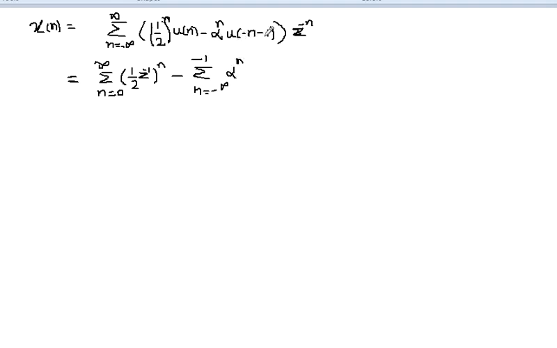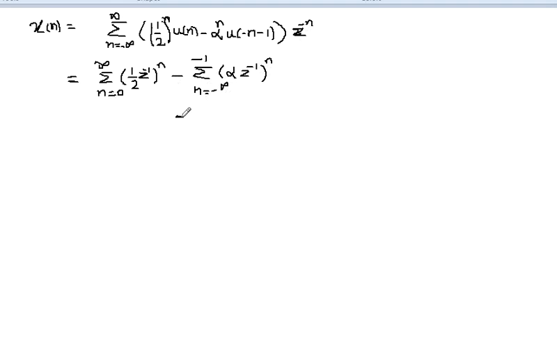This u of minus n minus 1 is being taken care of here. It is z to the power minus 1, and let's write this one as alpha and z to the power minus 1 raised to n. And we have solved the second problem. By using that, we can approximate, this remains as it is.